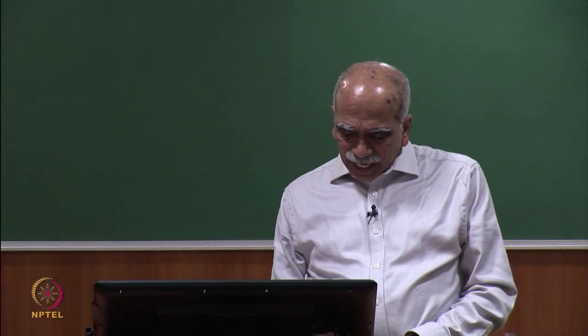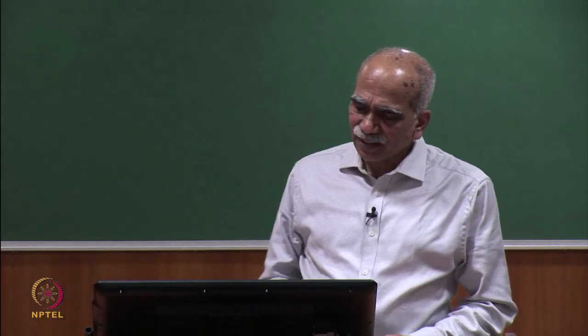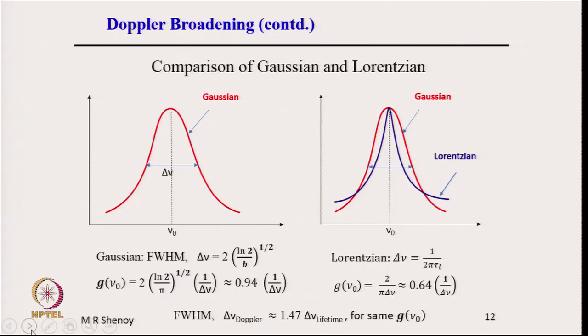All right, let us have just a comparison of these Gaussian and Lorentzian distributions. This looks like a typical bell shaped Gaussian distribution, and what we have shown in this graph is the Lorentzian, keeping g of nu 0 constant.